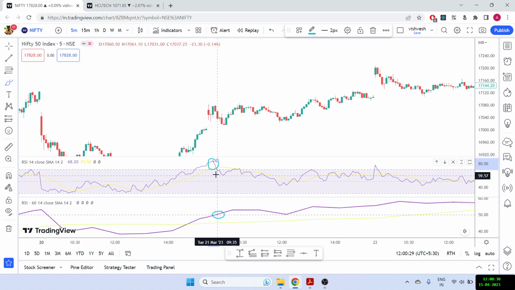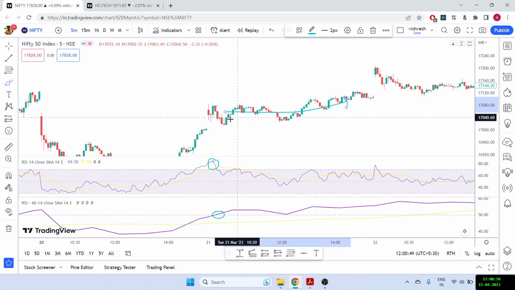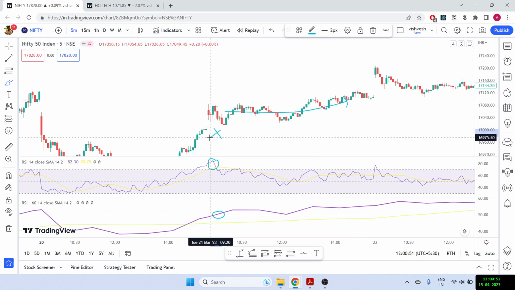So now this is the other way around, right? I cannot take this trade. So I will not be taking the selling trade here, even though if you look from just the RSI concept, we would have taken the selling trade here. But because of the double RSI, I will skip this trade. And you can see that it's a good decision because I would have ended up having a loss, because the market kept on going up actually. So I will not be taking this trade.